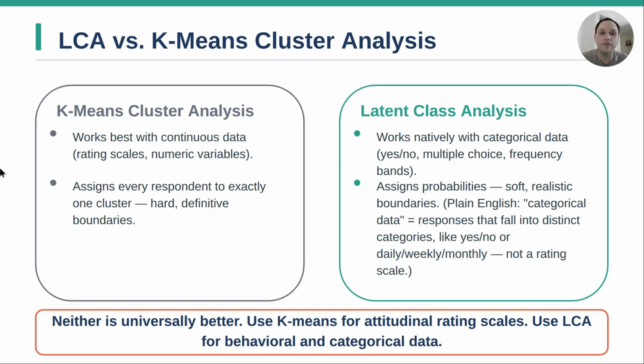LCA works natively with categorical data, yes-no responses, multiple choice answers, frequency bands like daily, weekly, monthly, and assigns probabilities rather than hard memberships. Neither method is universally better. The choice depends on the data. If your segmentation survey uses primarily rating scales, k-means is the natural fit. If it uses behavioral and categorical questions, LCA will almost always produce cleaner, more interpretable results.